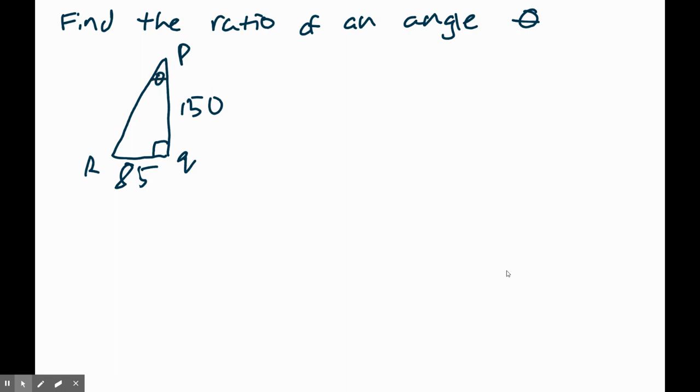And our angle theta right here is also equal to angle P. So the first thing that we want to do here is start labeling our opposite, adjacent, and hypotenuse. We're going to be doing that for every triangle, labeling it O, A, and H. Now the next thing we can do is write that the tangent of theta is also equal to the tangent of P, because they're the same thing, right over here.